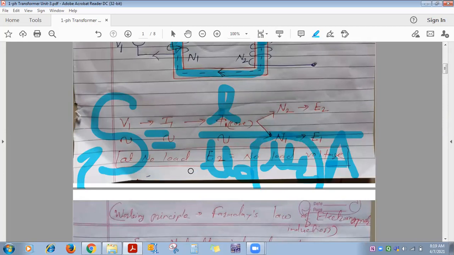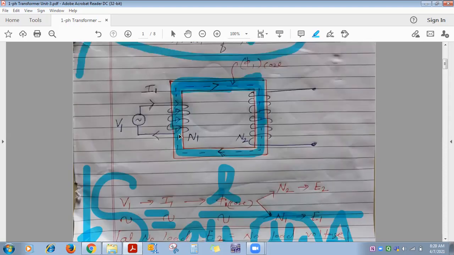And if mu R is high in the denominator, so S will be less. S is less means what? Reluctance is less. Reluctance is less means what? Opposition to the flow of flux will be less. And that's why maximum flux flows through this core.